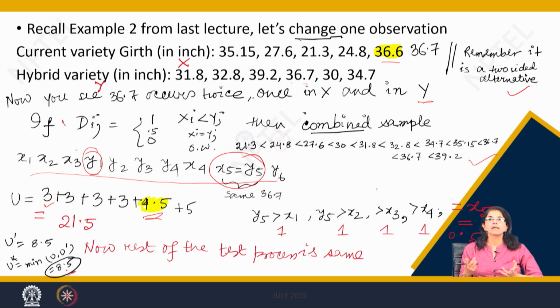Okay, so it is a quite common question in agriculture, that if you are trying to impose one hybrid variety, then obviously your concern will be whether this hybrid variety will give you bushes with wider girth, right? So you just get back to the example question and you can figure out the rest.